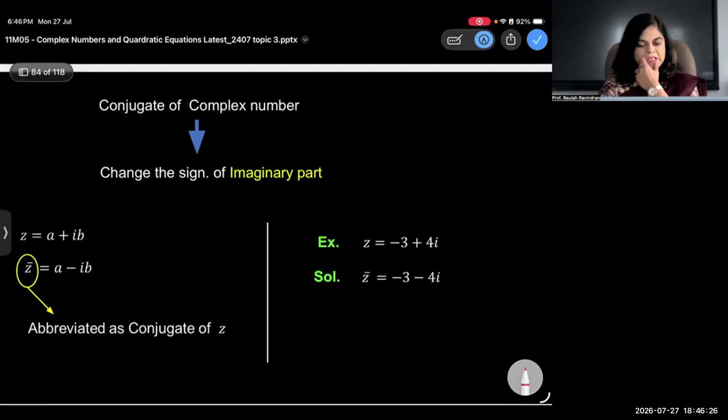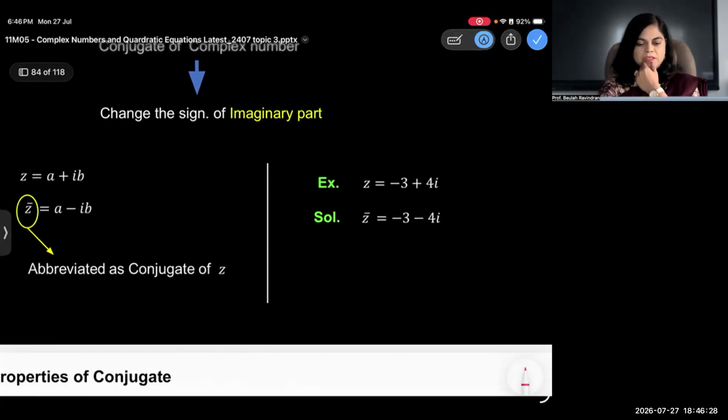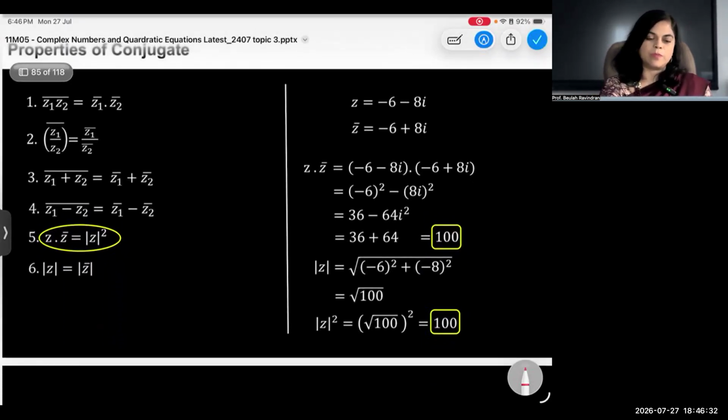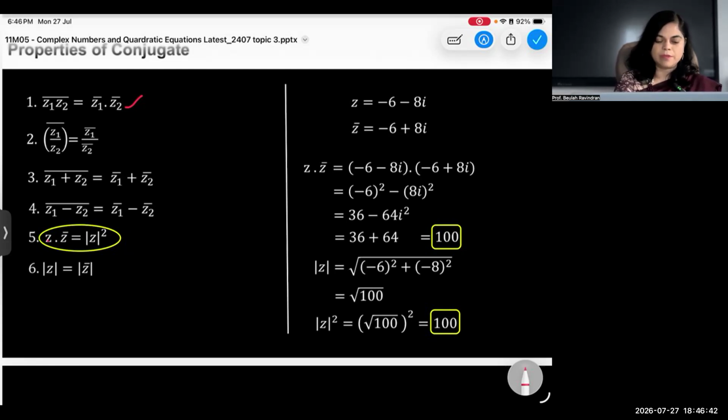Then this is the conjugate. Conjugate you know. So for conjugate also you will have this property. Whole conjugate, like what you studied for modulus, the same you have to learn for this. And z dot z bar will be modulus of z squared. Z bar is the conjugate.